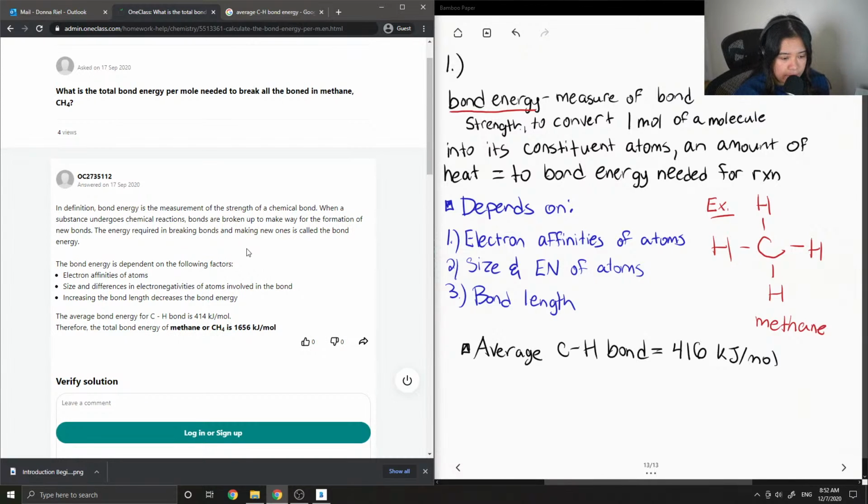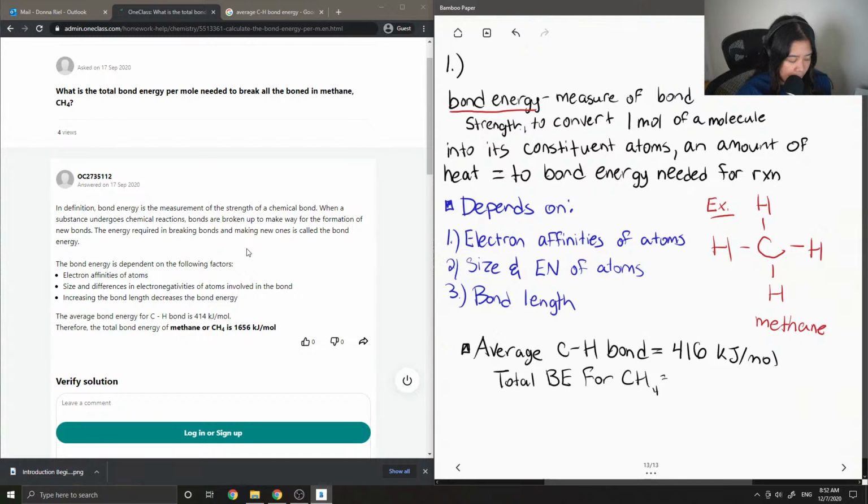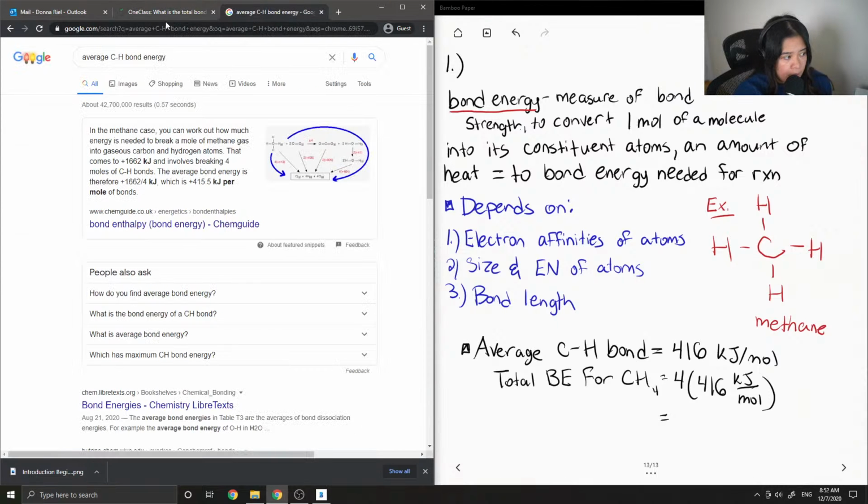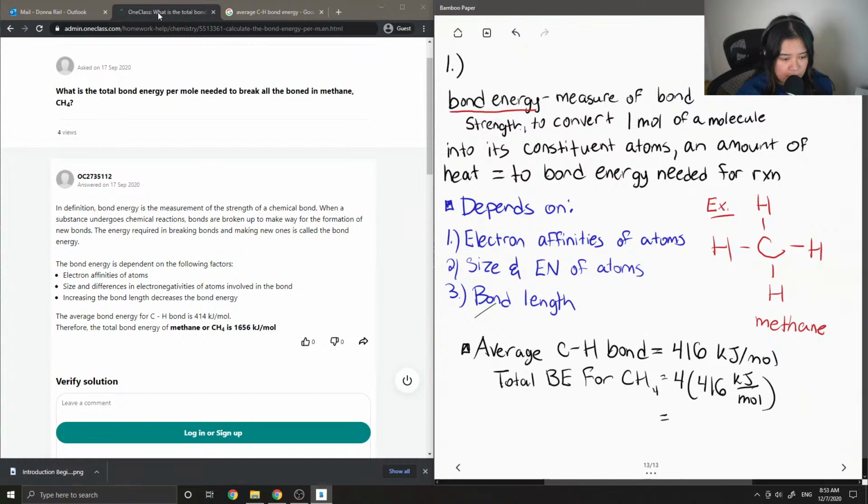Okay, so we just need to multiply this by 4, since there are 4 carbon-hydrogen bonds in methane. They set it up here too. It's around 1662.